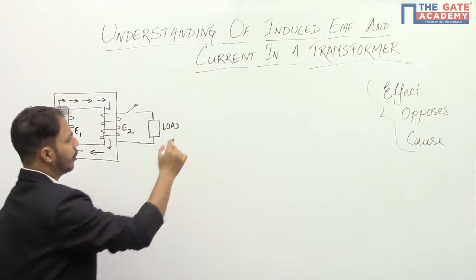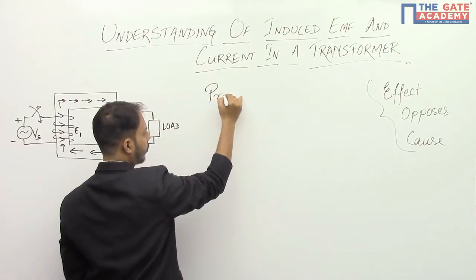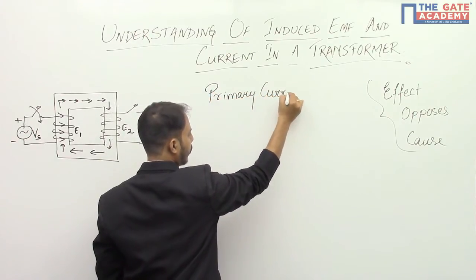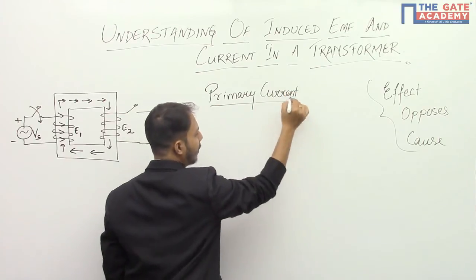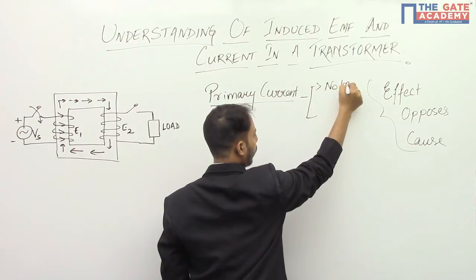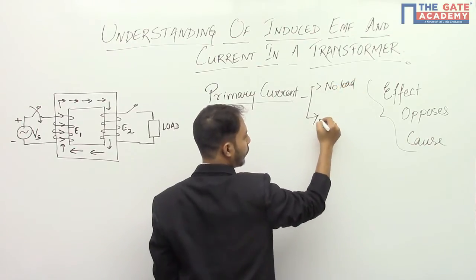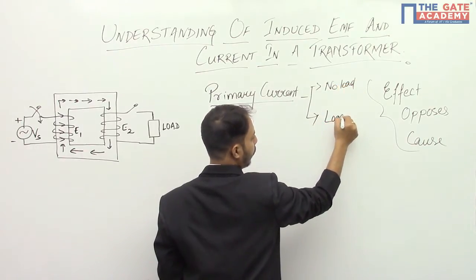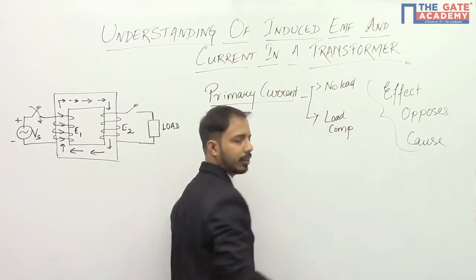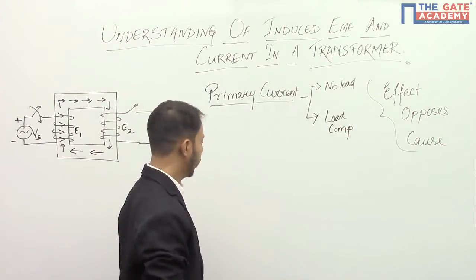First of all, the primary current will have two parts. One is the no load current and one is the load component, or let us just name the components, the load component.